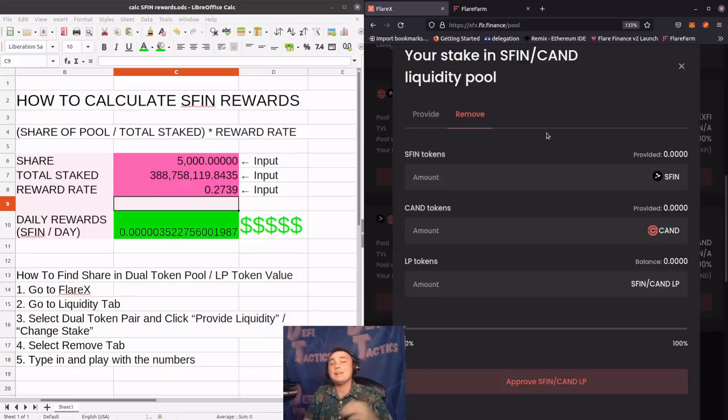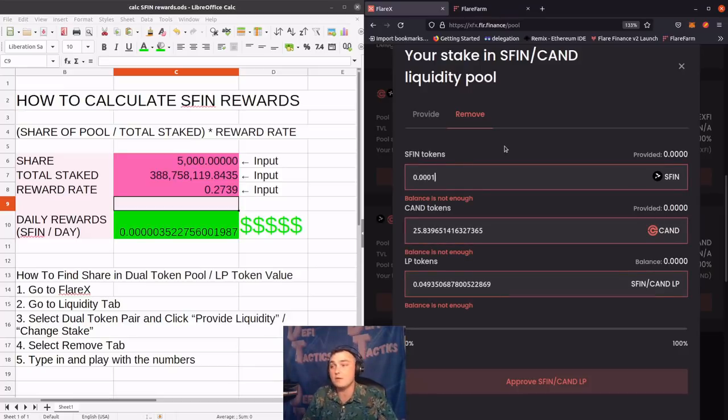Say, for example, I know I have 0.0001 SFIN. If I go to the SFIN tokens amount section and type in 0.0001 SFIN tokens, it auto-populates with how much Canary Dollar I would need in order to match 50% value to this pool, and ultimately it shows how many liquidity pool tokens we will receive.